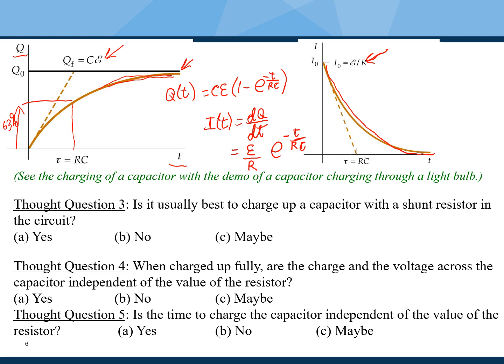The answer is that all of the charge on that capacitor will try to go through whatever circuit it can find. That means that if a capacitor is allowed to discharge as fast as it wants, it can essentially produce a very large current. So a capacitor can produce a very large current when it is getting charged up without a shunt resistor.